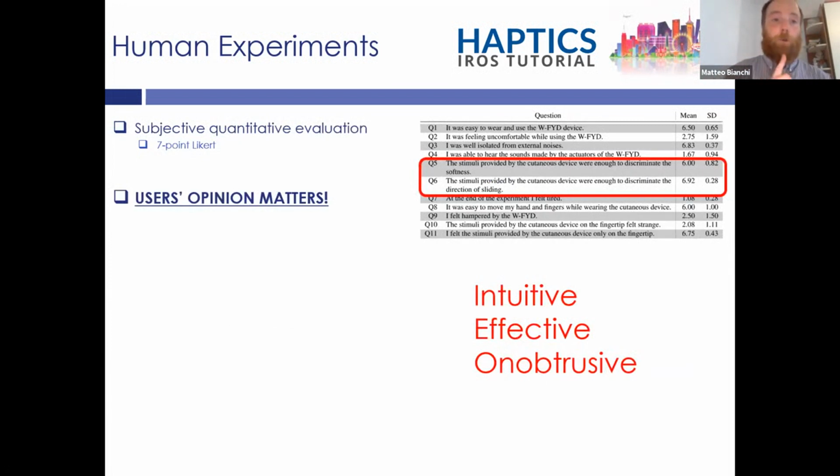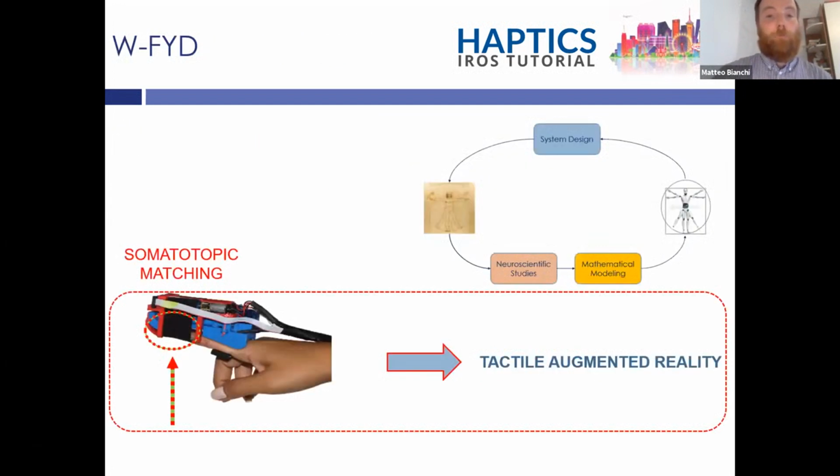Of course, another important point, user's opinion matters. So what we also did is to perform a subjective quantitative evaluation to understand if the device was well received by users. And we found that the system was evaluated as intuitive, effective, and unobtrusive. So we were quite happy about the system itself.